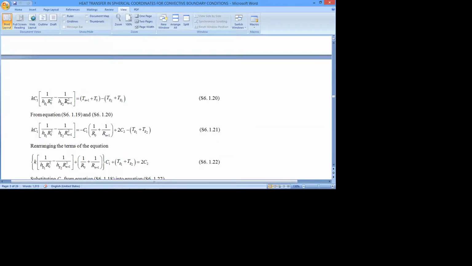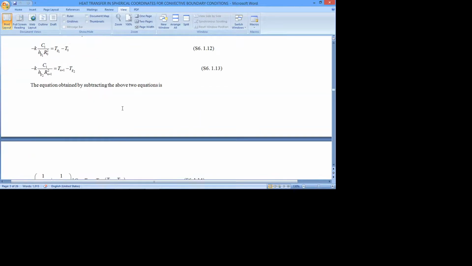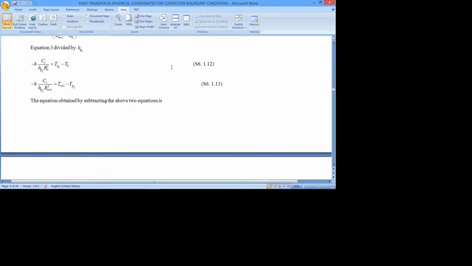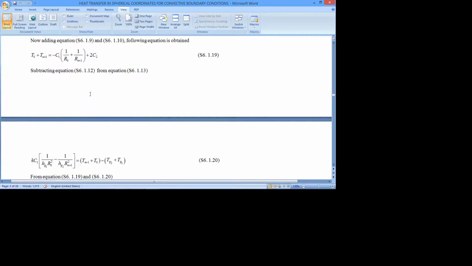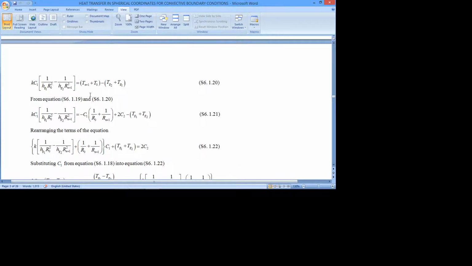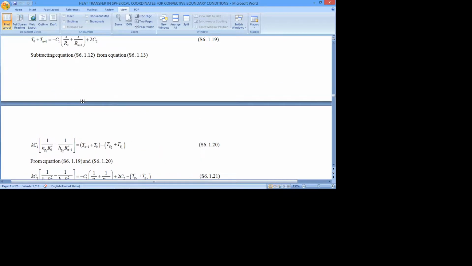Then again you get this equation by subtracting 6.12 and 6.13. If you have 6.12 with this 13 here, you subtract it, and you get this equation here.